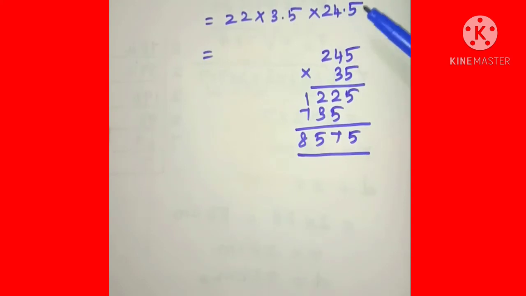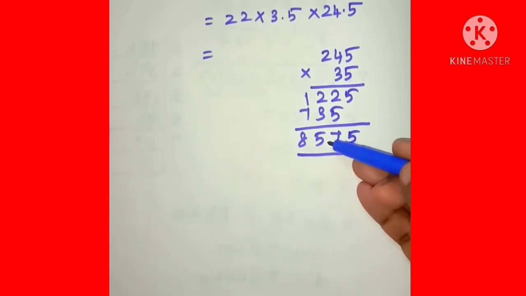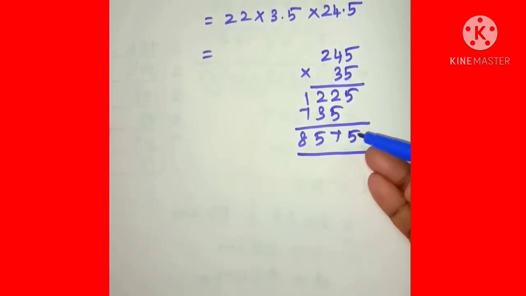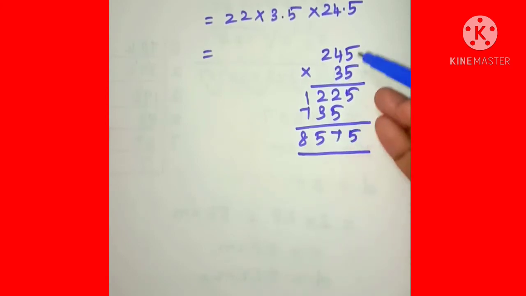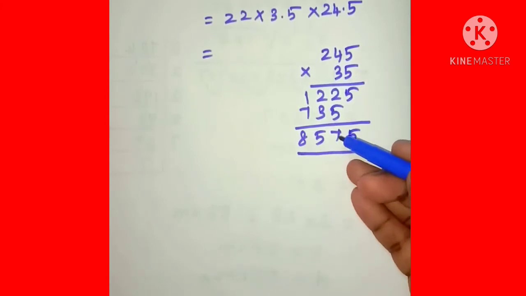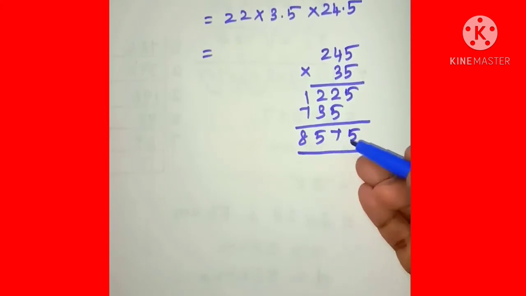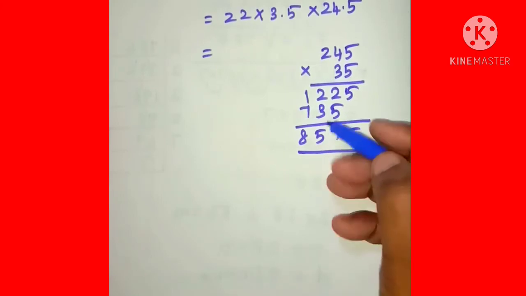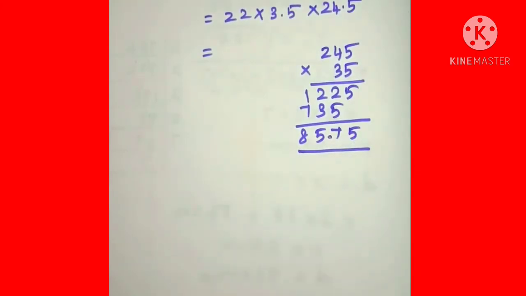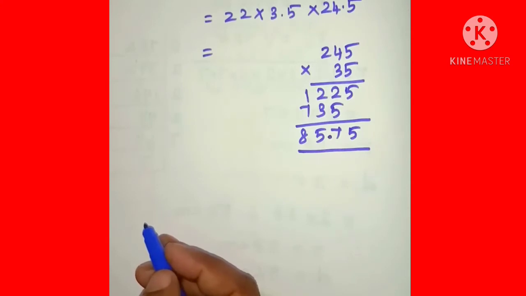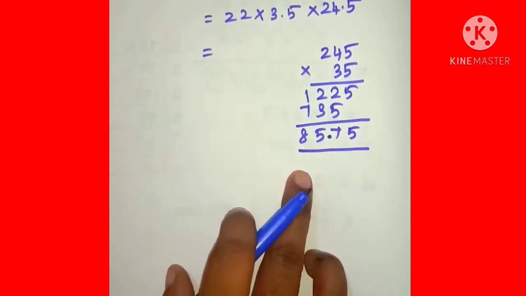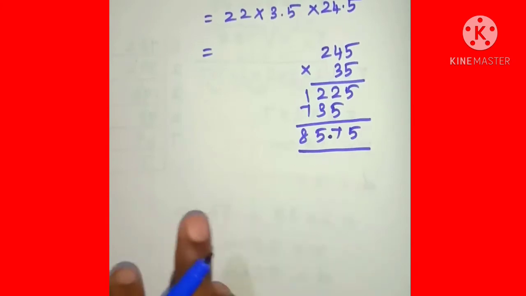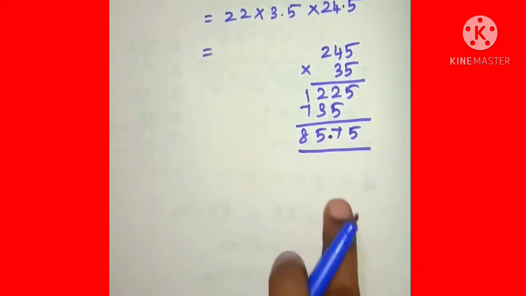So totally there are 2 digits. So we have to put the decimal point before 2 digits, counting from right to left, 1, 2. So before 7 we have to put the decimal point. So the value is 85.75.